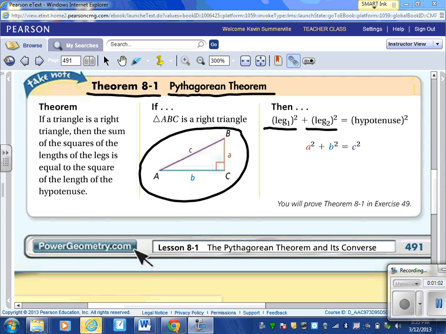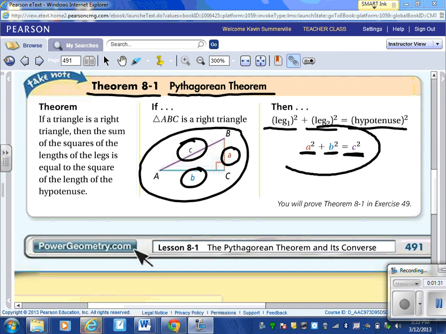That added together equals the hypotenuse squared. In other words, you can take a squared plus b squared, and that would give you c squared. So that is the formula that you use in the Pythagorean theorem.